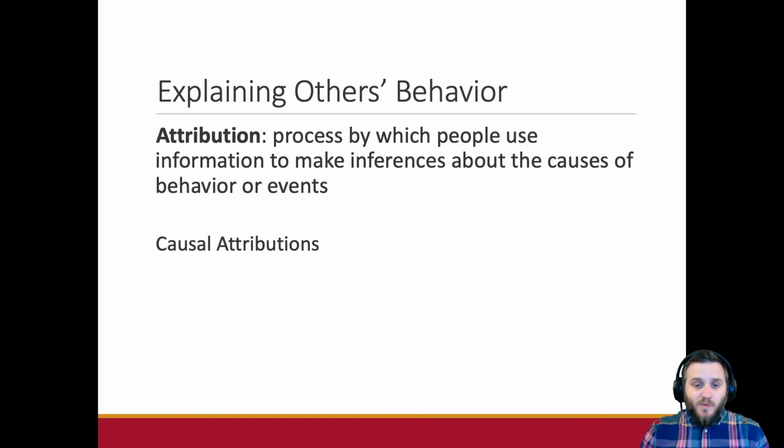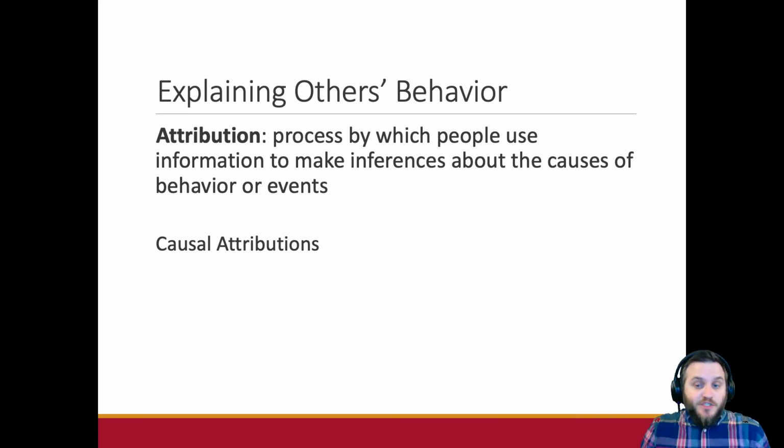The other question we will ask is, why are attributions important? Well, they help us control and predict our social world, how we're interacting with other people. We need to have some sort of guidance, some sort of information about what we expect to come next based on what we've encountered before.